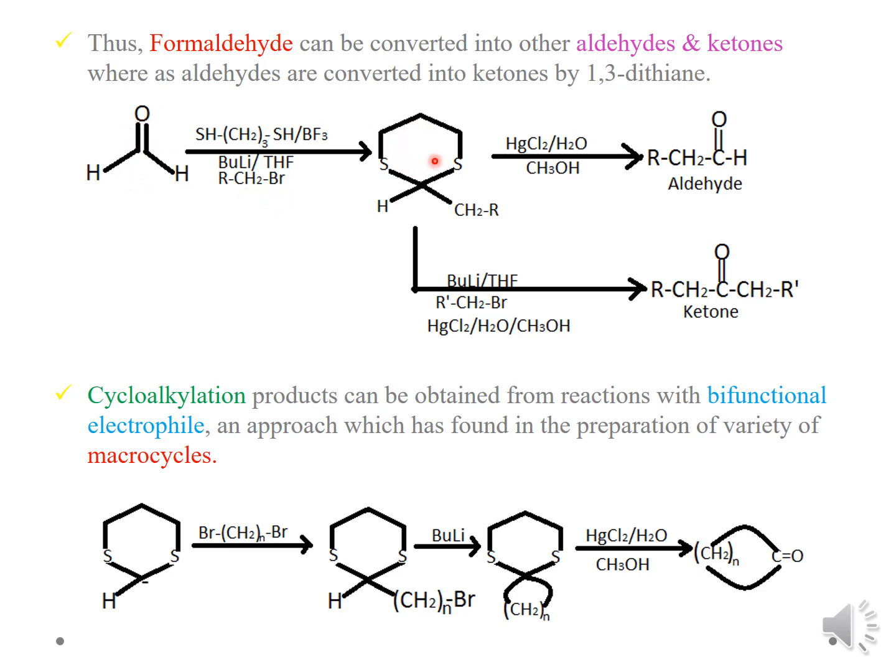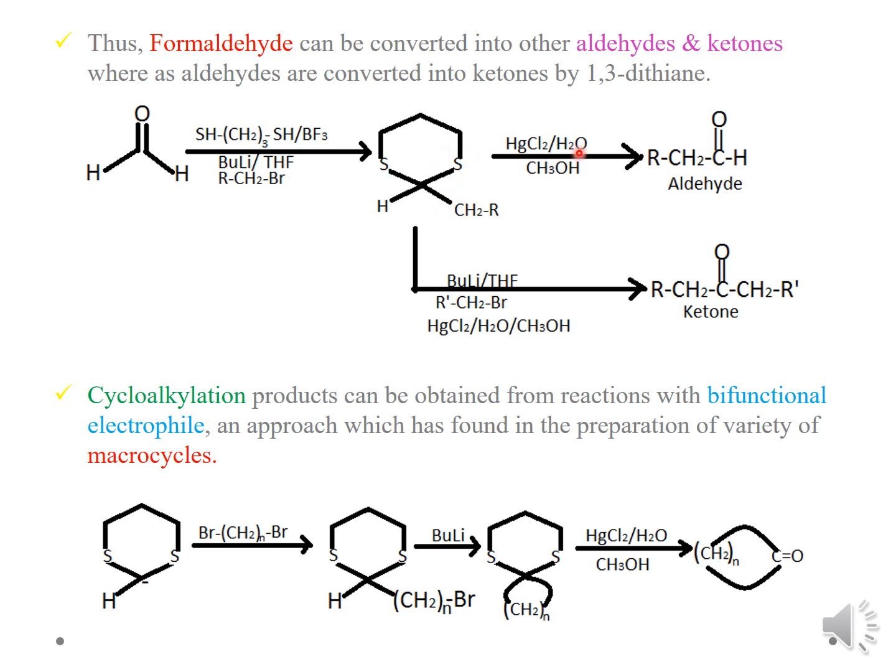Once it gets protected, it will first generate the carbanion, and then the carbanion will attack the alkyl group with the cleavage of LiBr. After that you will get this structure.